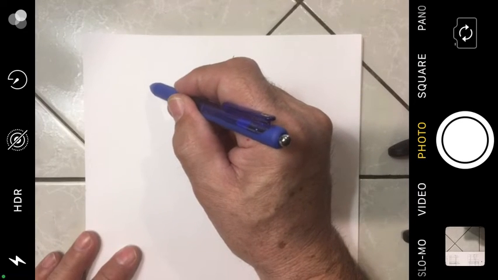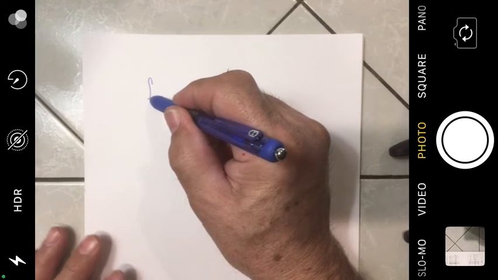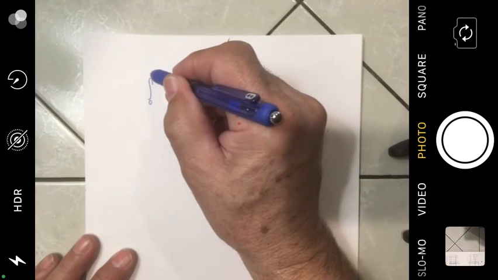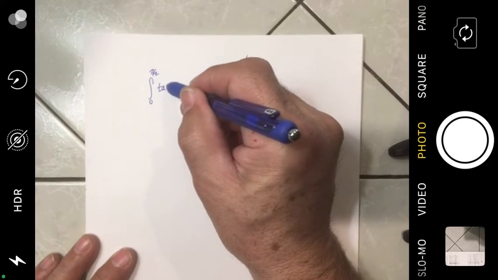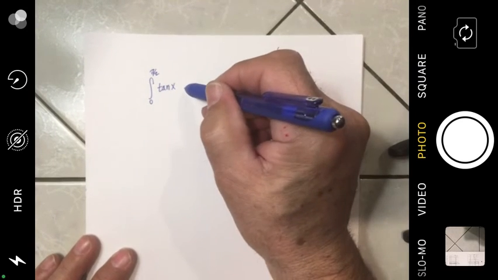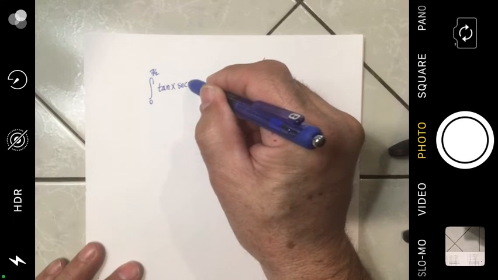Okay, let's do one more. Let's do the integral from 0 to pi over 2 of tangent x secant x dx.